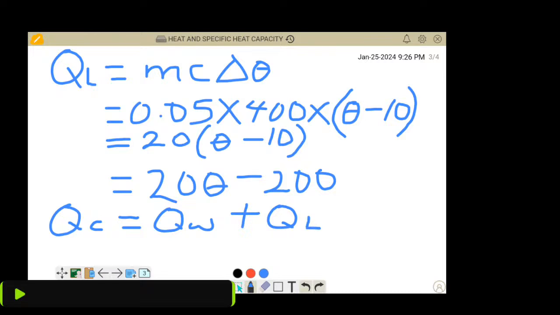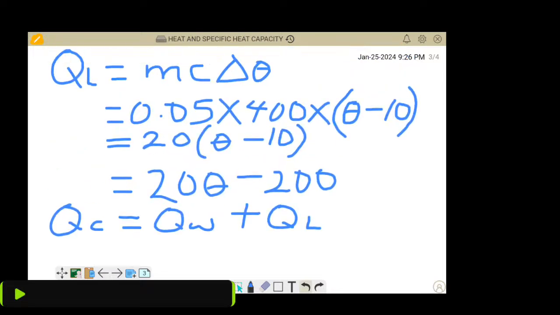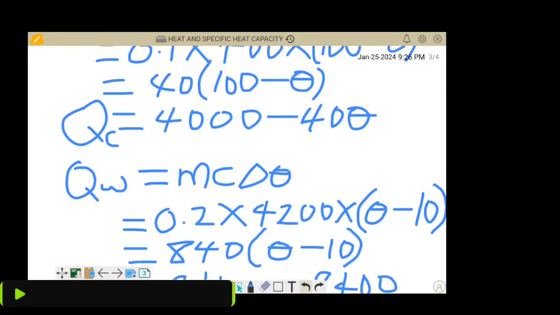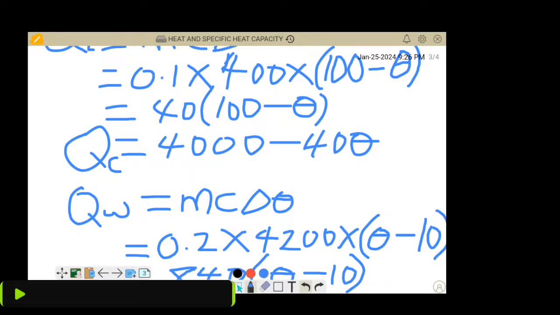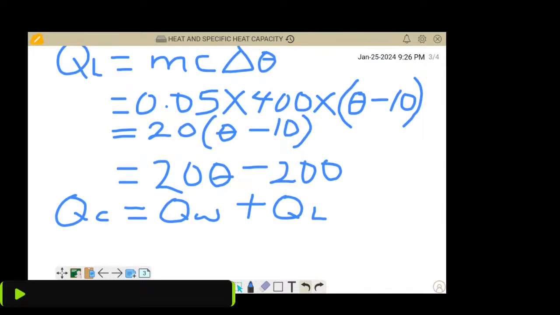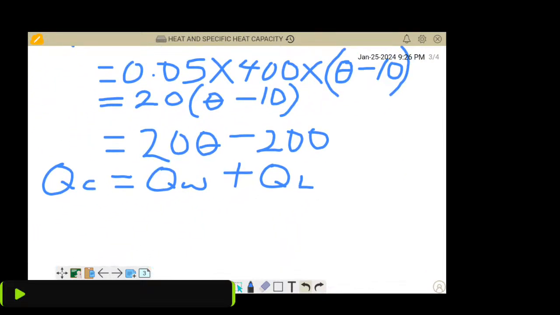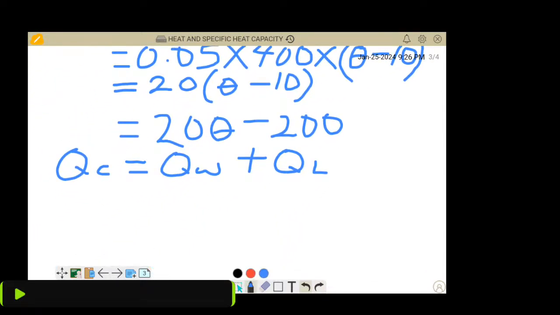So at this point we can bring in every equation that we've been able to generate. Here is heat lost by the copper. Also we have here, we're able to generate this for heat gain by water, and here we are able to generate heat gain by calorimeter.